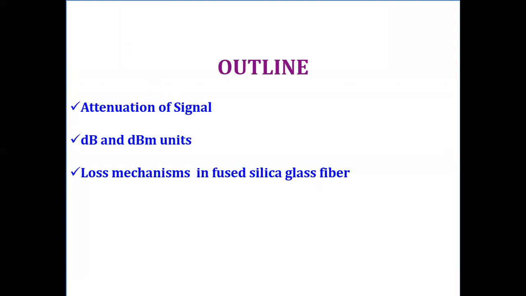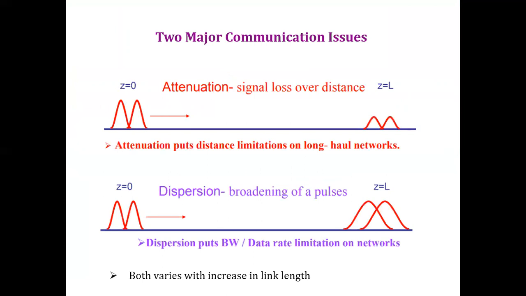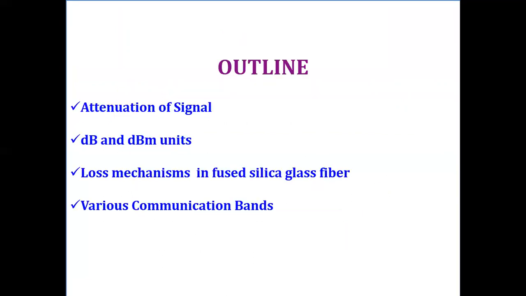We are going to cover attenuation of signal, dB and dBm units, loss mechanism in fused silica glass fiber, and various communication bands. So in order to understand attenuation of signal and do calculations, particular units, dB and dBm units, are very important. So we are going to look into these units.